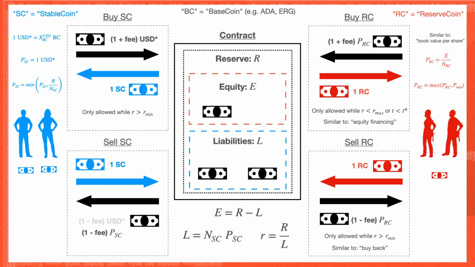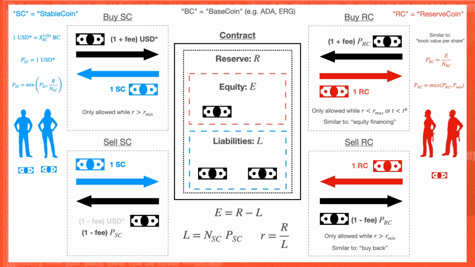But if the reserve ratio is too high and there are too many reserve coins, then the amount of fees collected per reserve coin will be too low. We don't want this to happen. We want the reserve coin holders not to be diluted.